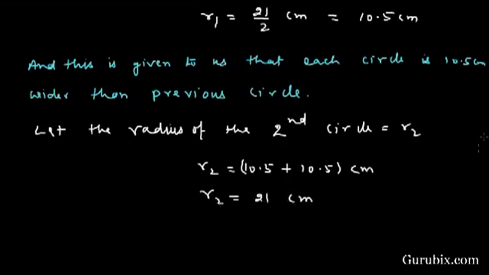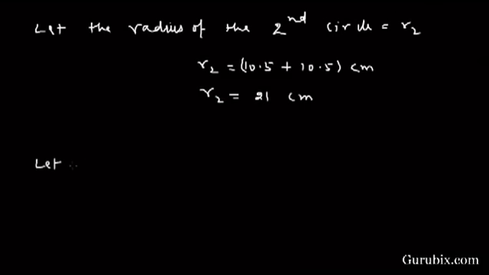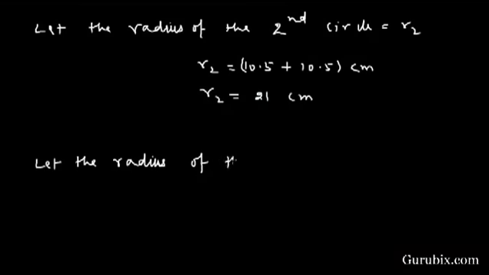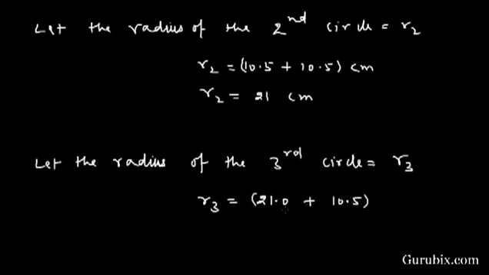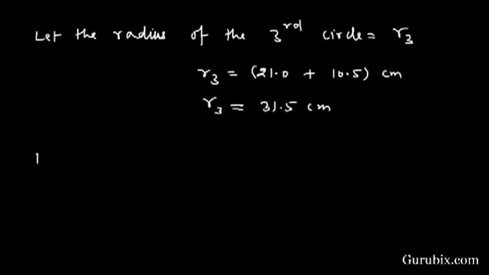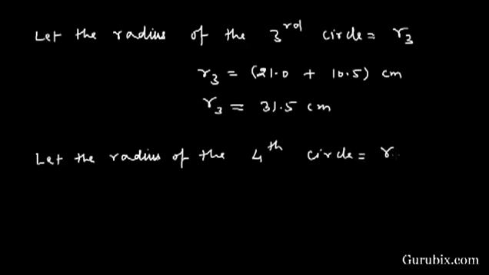R2 is 21 centimeters. Similarly, let the radius of the third circle be R3. Therefore R3 will be equal to 21.0 plus 10.5 centimeters, which equals 31.5 centimeters. This is the radius of the third circle. Similarly, let the radius of the fourth circle be R4.